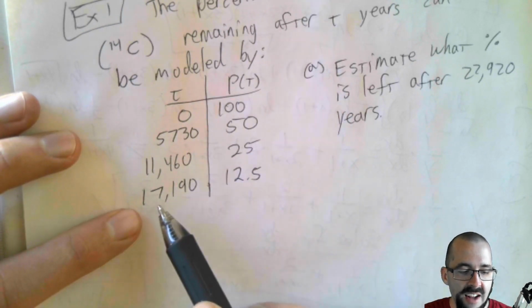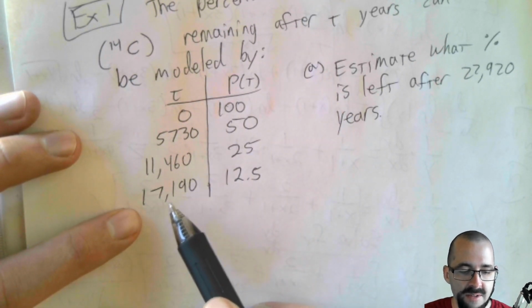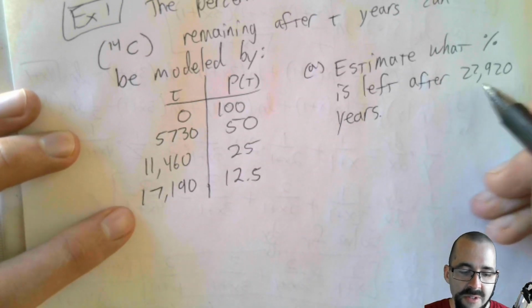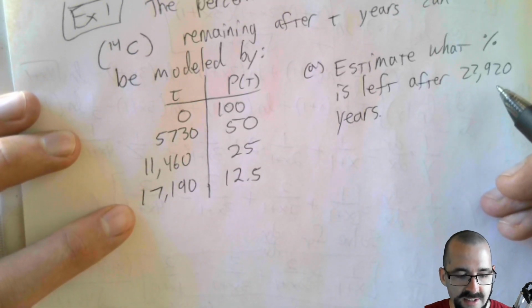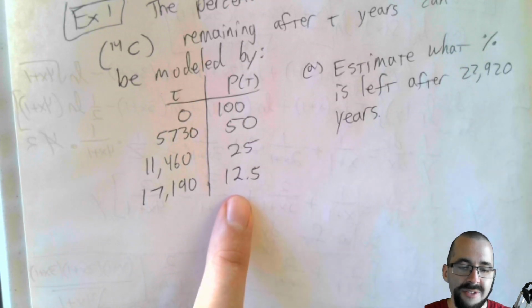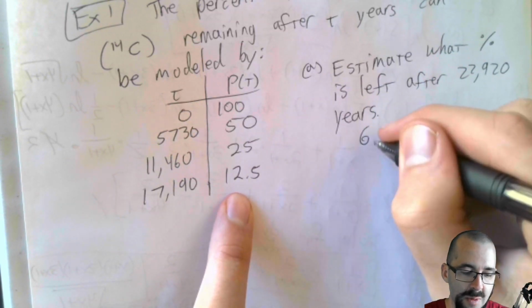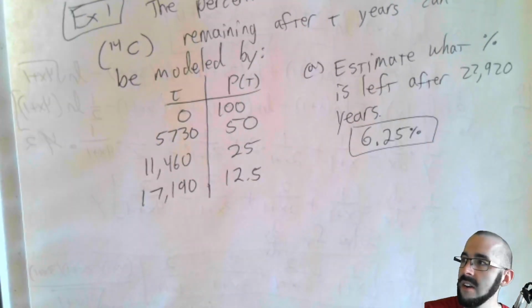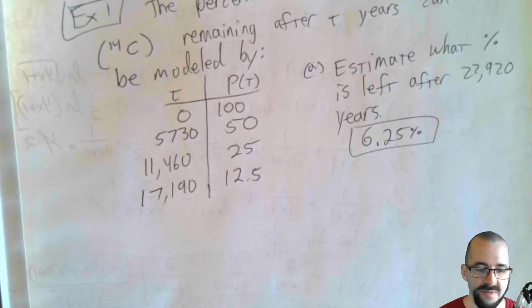And then we lost half of that after another 5,730 years. So after another 5,730 years, we should be at half of this. Okay, so it's going to be 6.25% of what's originally there. All right.